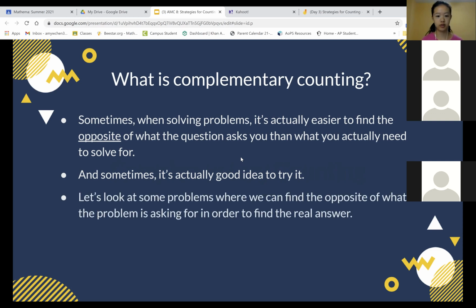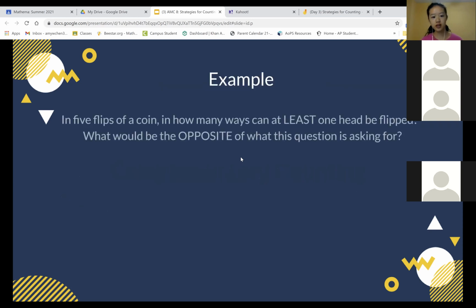So let's look at an example. In 5 flips of a coin, how many ways can at least one head be flipped? First of all, try to identify what would be the opposite of what this question is looking for.